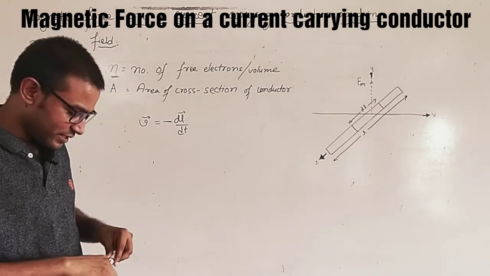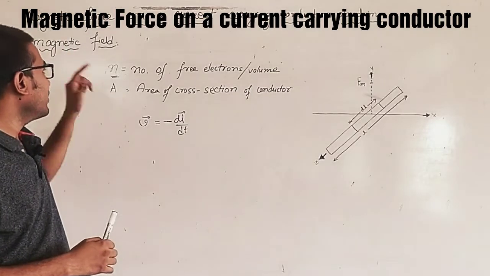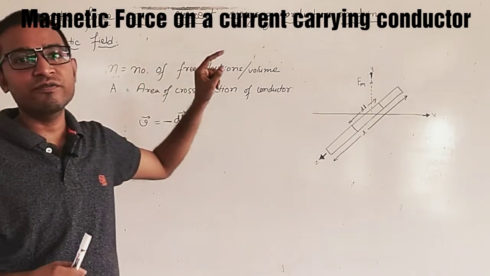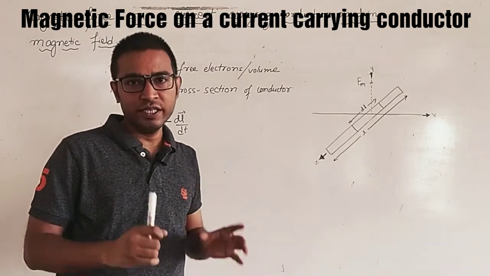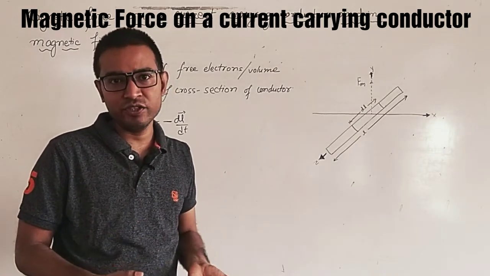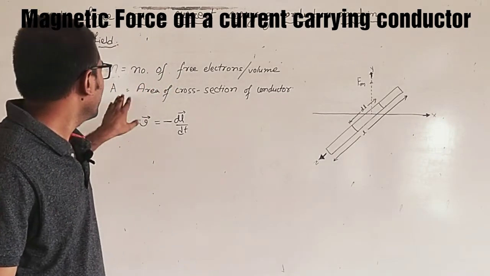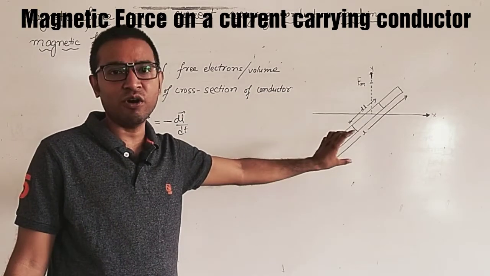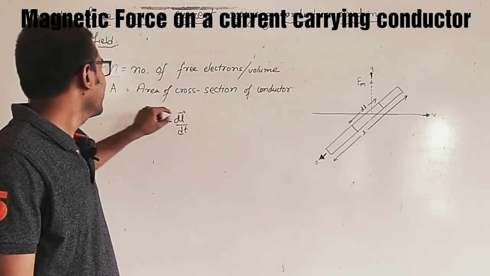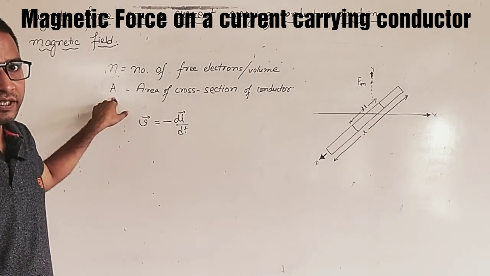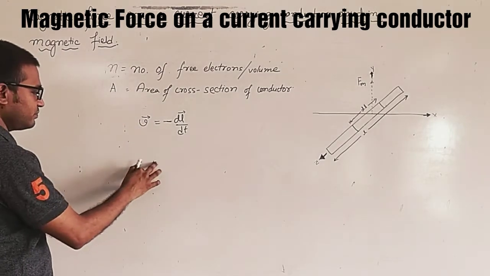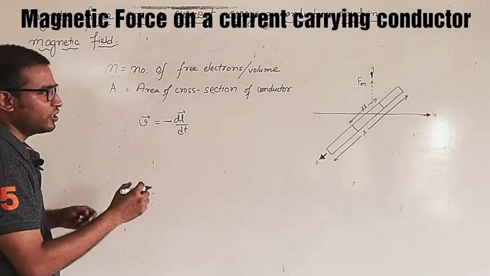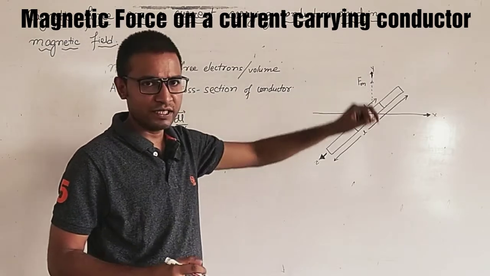Now the next thing is some assumptions. What is n? n is the number of free electrons per unit volume, the density of electrons. Next is the area: we have assumed that the cross section of this conductor is A. Now let us find the total charge inside this element dl.